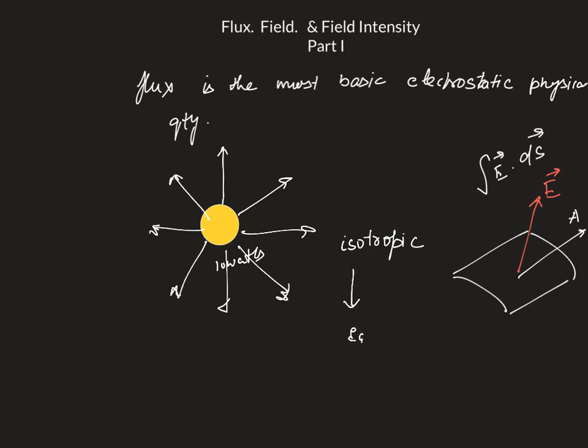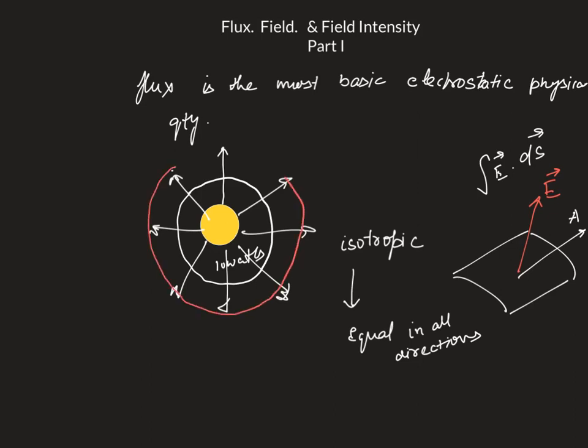It is equal in all directions. You go at some distance from the bulb and try to observe. You observe the bulb at this distance, and then at this distance, and then at this distance.